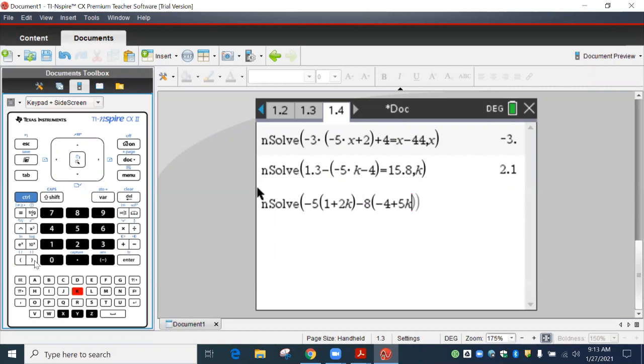Close your parentheses, equals 127. All right, and then comma X, hit enter.